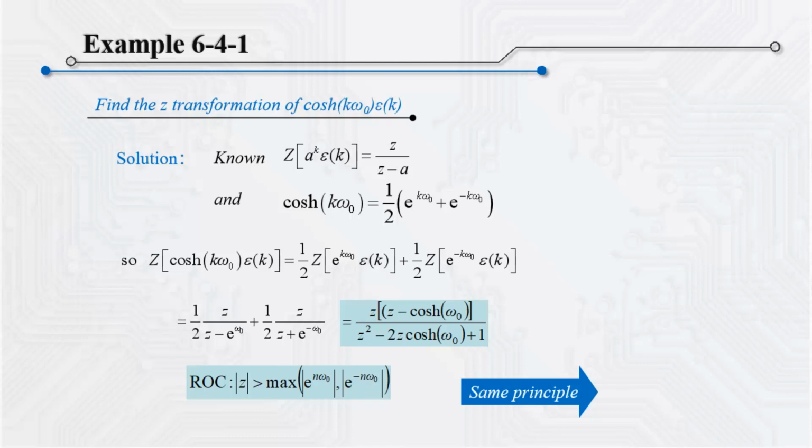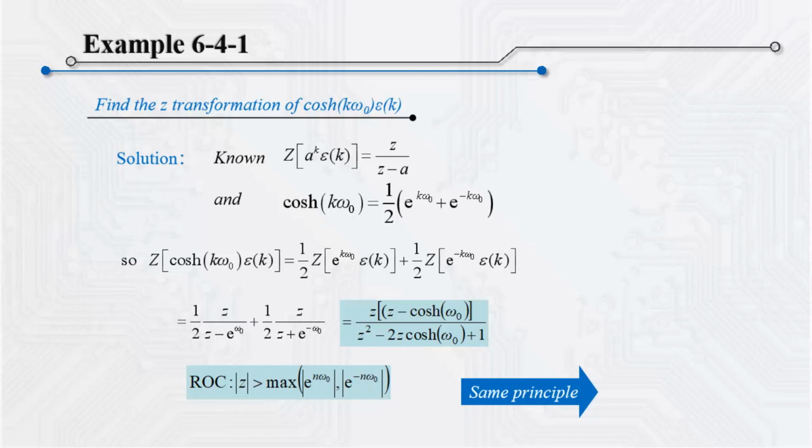And because of our corresponding function form, it can be decomposed into the form of the sum of two imaginary exponential signals. Then, according to this corresponding transformation form, you can see the above sequence can be expressed as the sum of such two sequence z transforms.